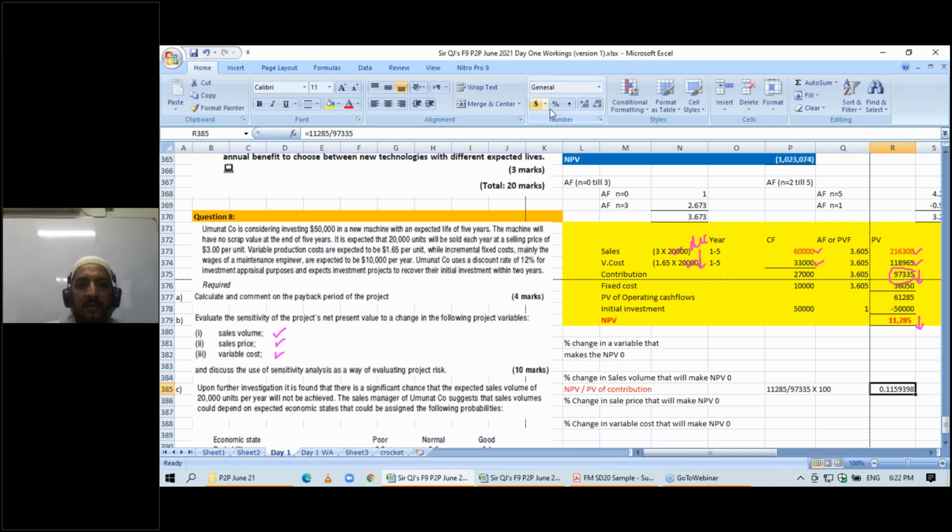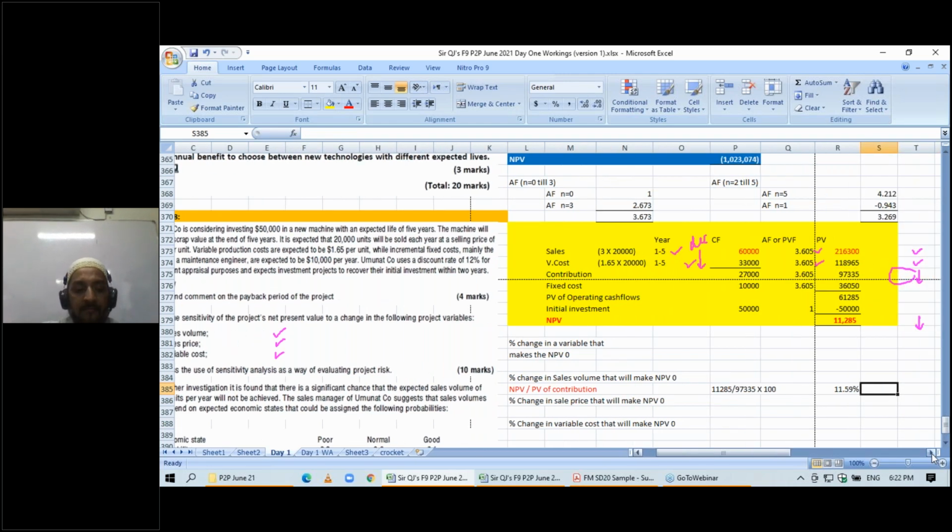So the percentage is approximately 12%. So an 11.59% change, a decrease in sales volume, will make the NPV 0.